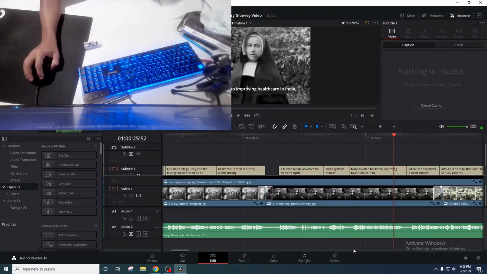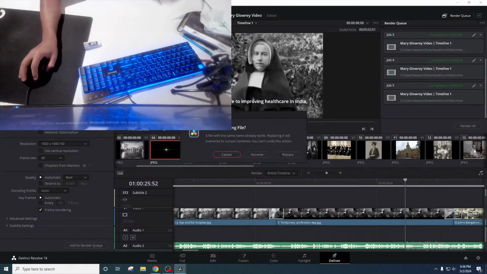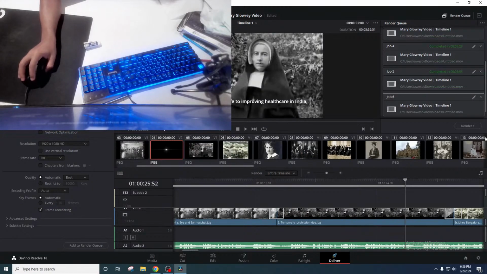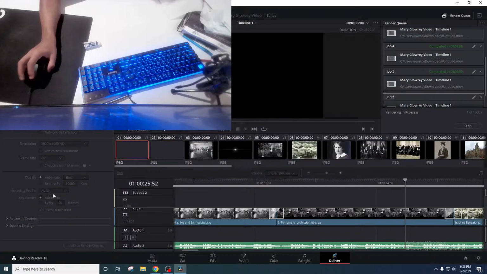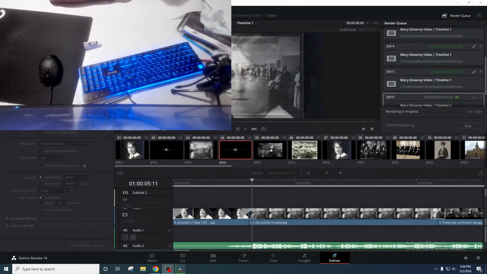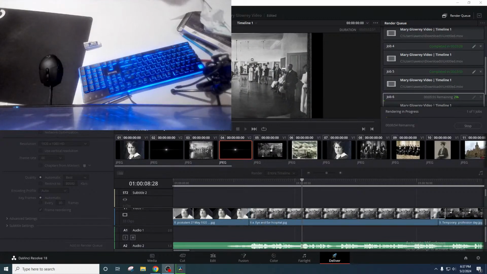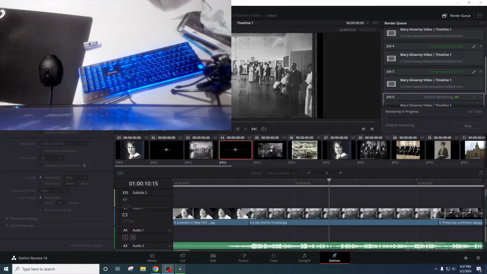Okay, you know what I need to do? I need to render this, and then from the render I can figure out which images are blurry and which are not blurry.